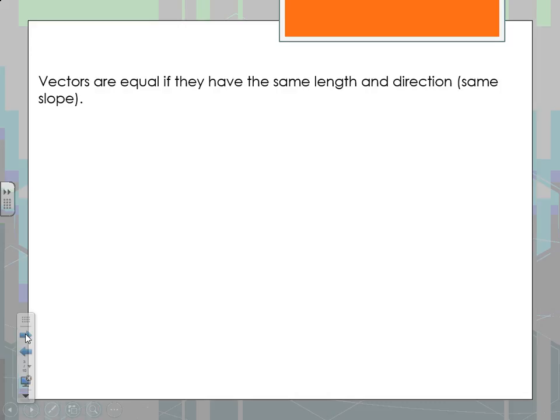Sometimes we will think about slope, since we are talking about calculus, for direction. But we have to have the same length and the same direction. What would we consider parallel vectors?